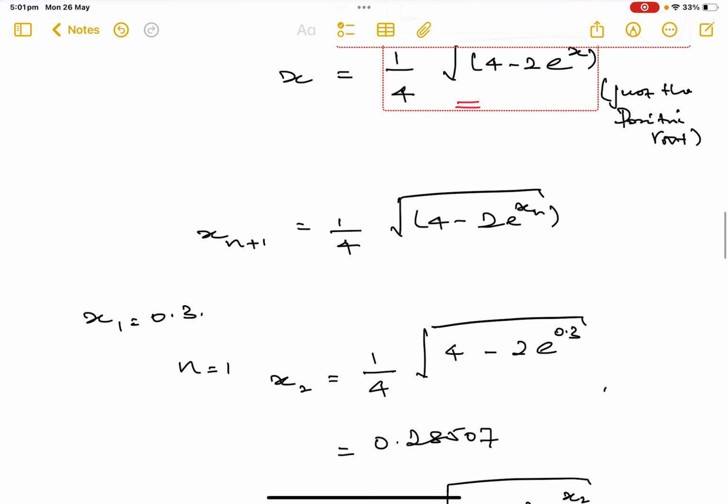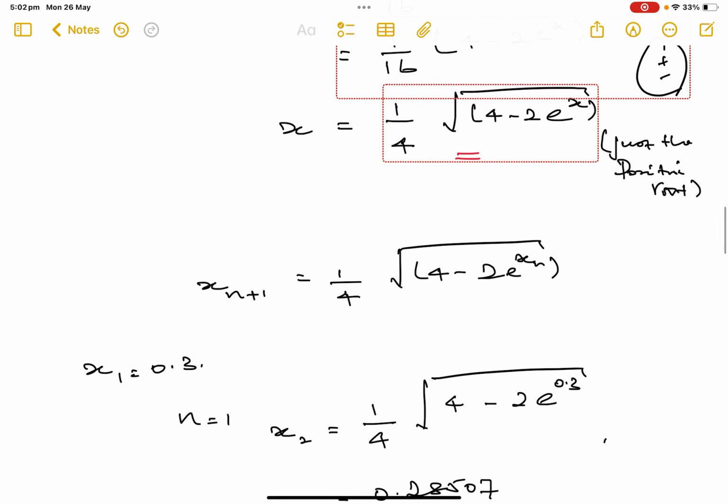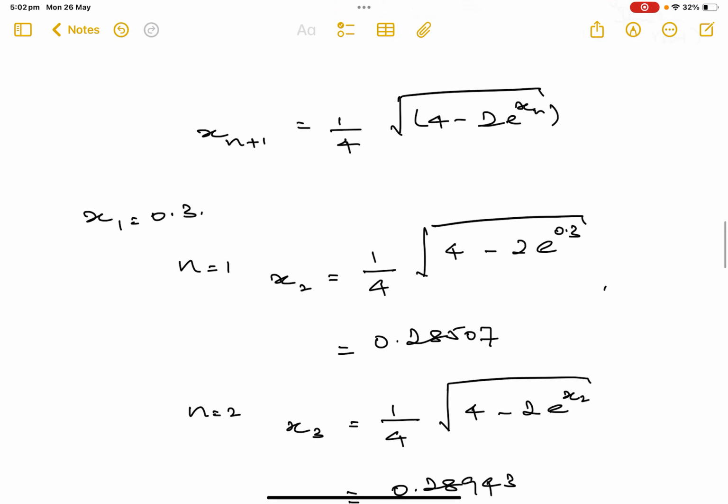Again, the equation given to find the root by iteration is x(n+1) equals 1/4 square root of 4 minus 2e to the power xn. That's what it is. The x1 is given as 0.3.